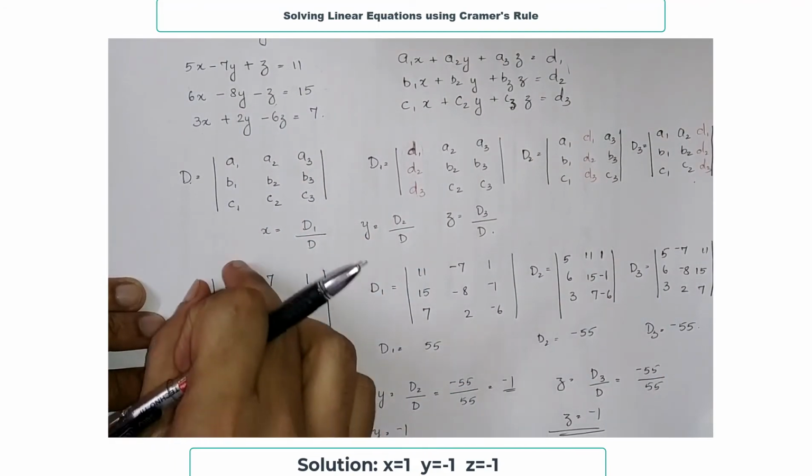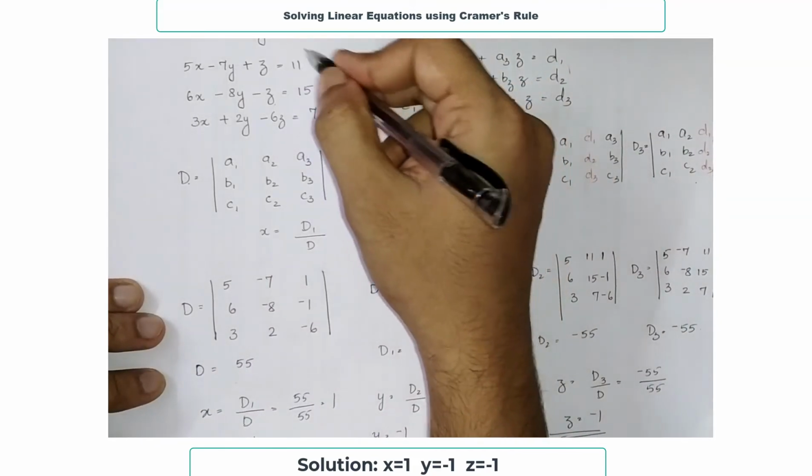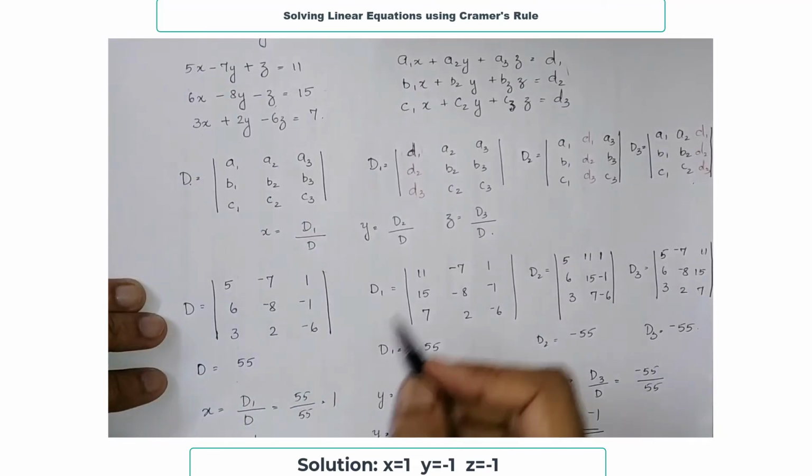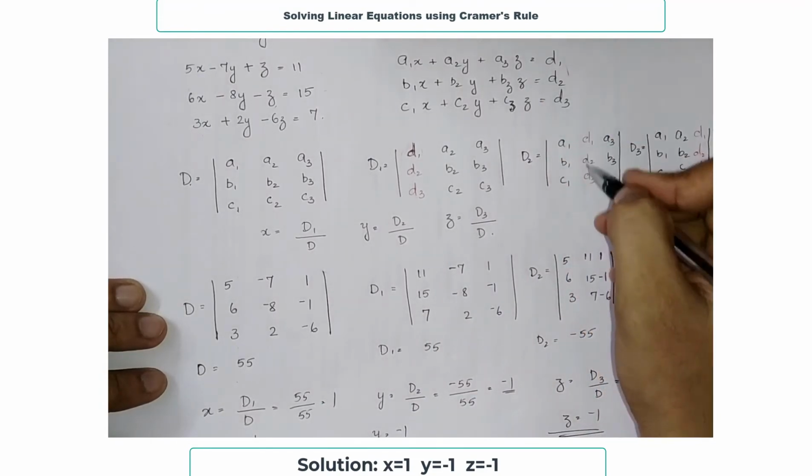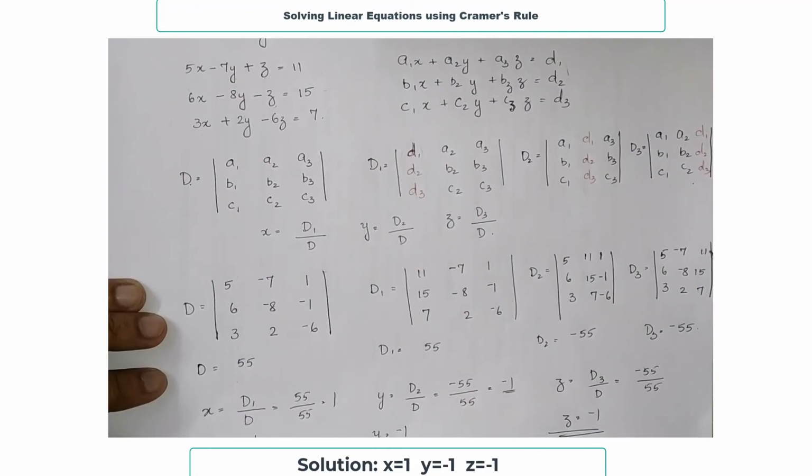When you replace the first column with the constants, you get D1. When you replace the second column with the constants, you get D2. When you replace the third column with the constants, you get D3. The solution is x equal to D1 by D, y equal to D2 by D, z equal to D3 by D.